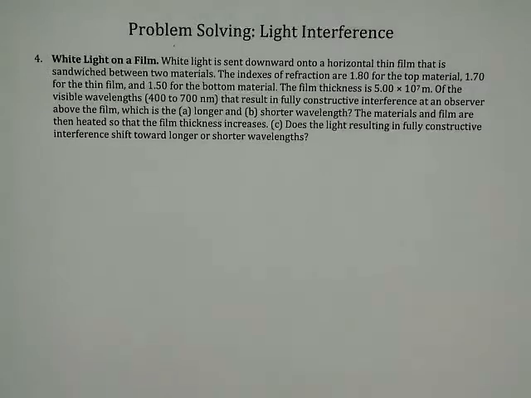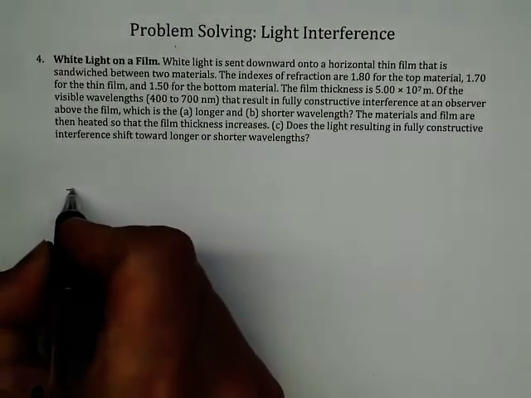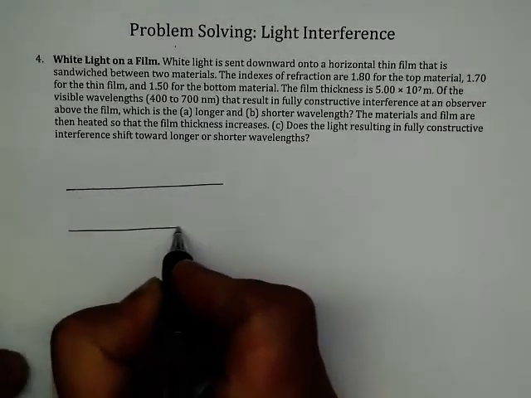Then we looked at some thin film problems. This is white light on a film. White light is sent downward into a horizontal thin film that is sandwiched between two materials. The indices of refraction are 1.8 for the top material, 1.7 for the thin film, and 1.5 for the bottom material. So I've got some layers here.